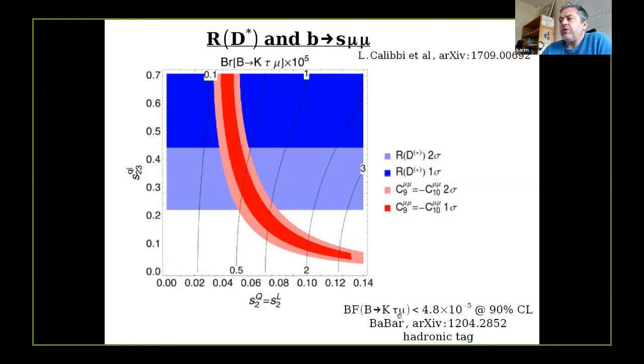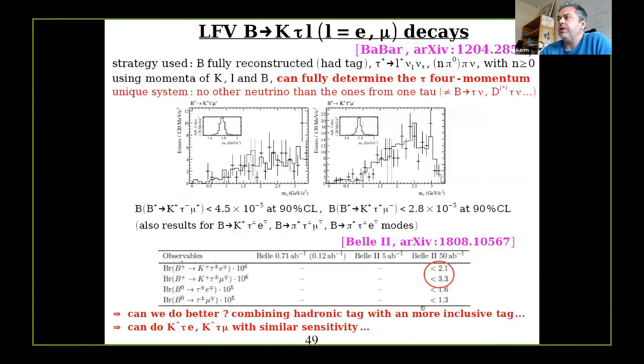And this final state is also reachable by LHCb, which has shown a recent result around the same 3 times 10 to the minus 5. So this is the summary of what BaBar is showing for this mode. And of course, there is no signal, but it has a particularity that you are able to indirectly reconstruct by recoil mass, the invariant mass of the tau, and that's where you would expect some signal.